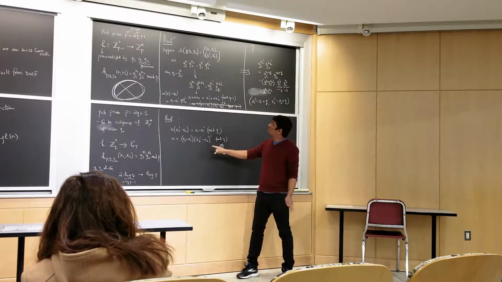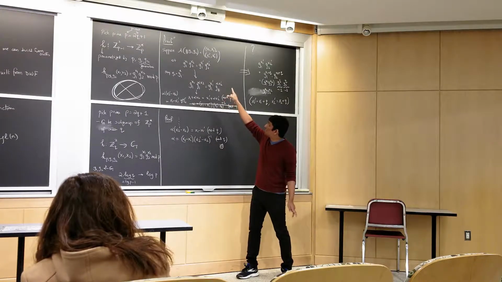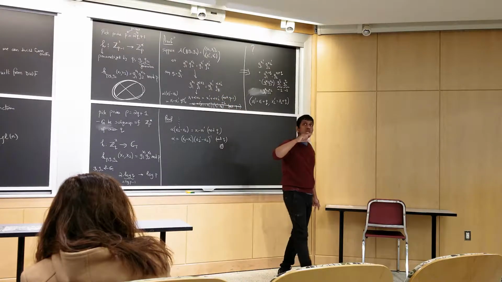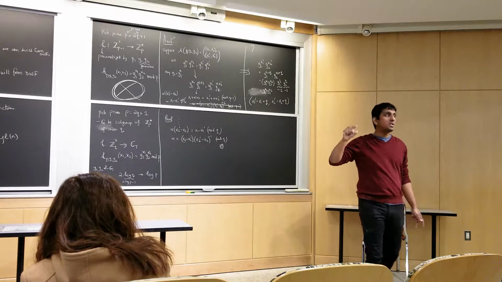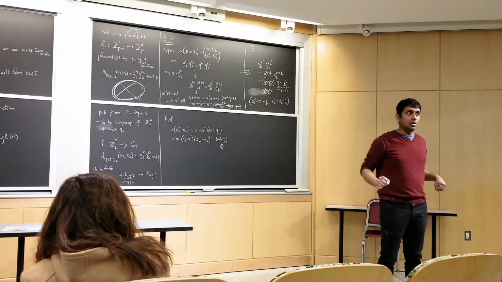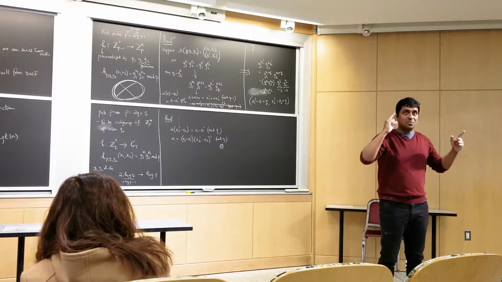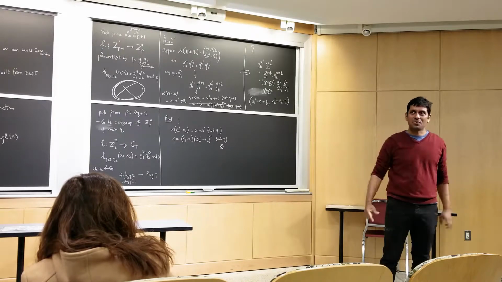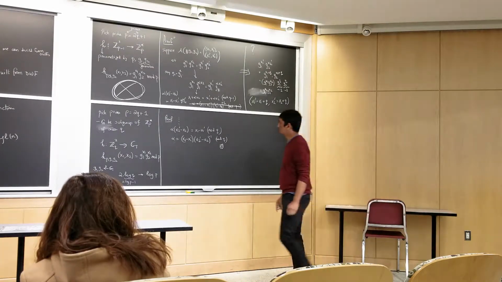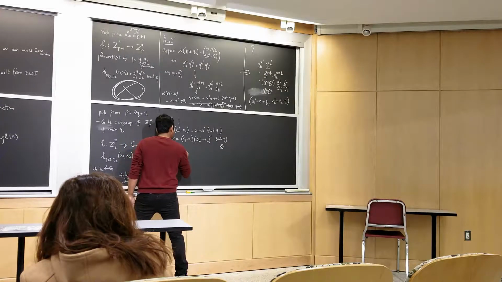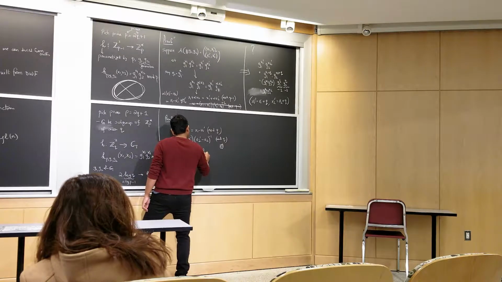If x2 prime equals x2, what happens in this construction? It had better be that g1 to the x1 equals g1 to the x1 prime, because the g2 to the x2 cancels out. But that means that x1 equals x1 prime. That's because both are less than the order of the group. So this is if x2 is different from x2 prime, mod q.